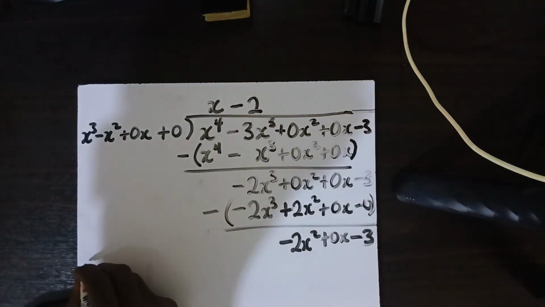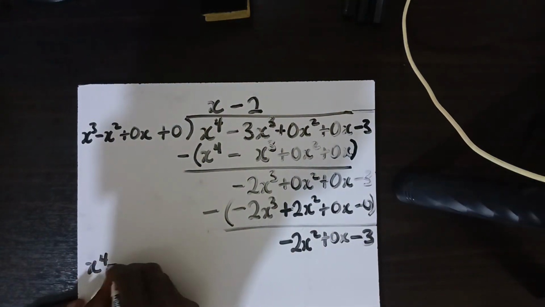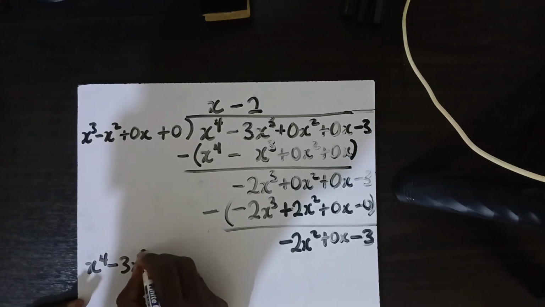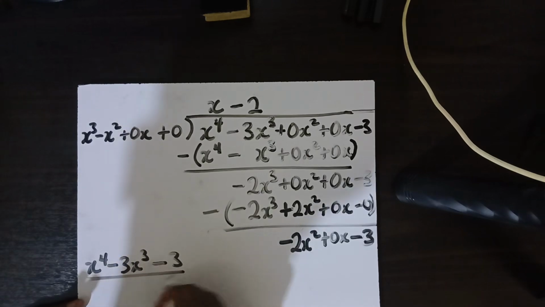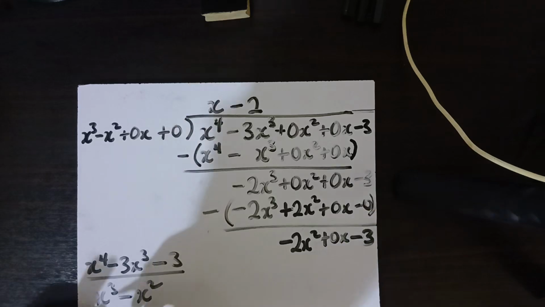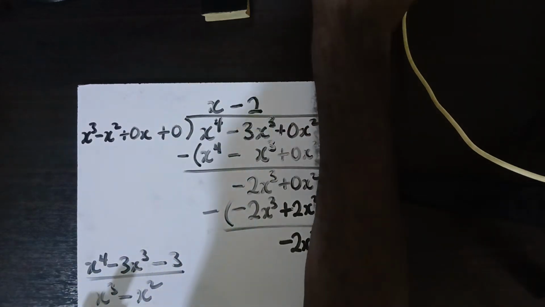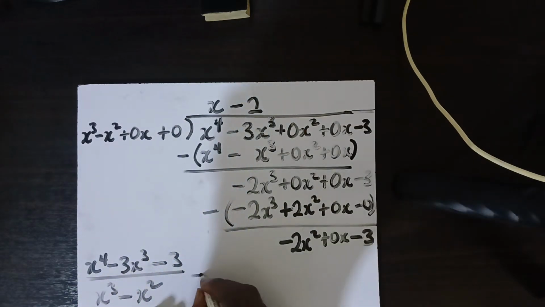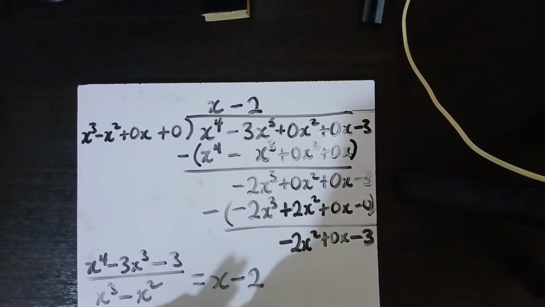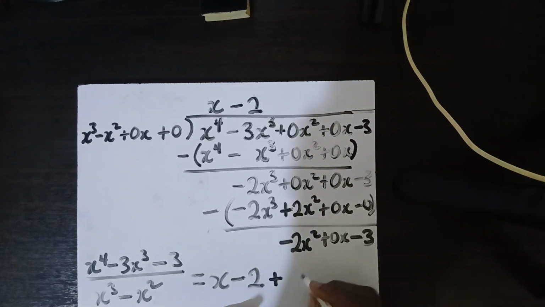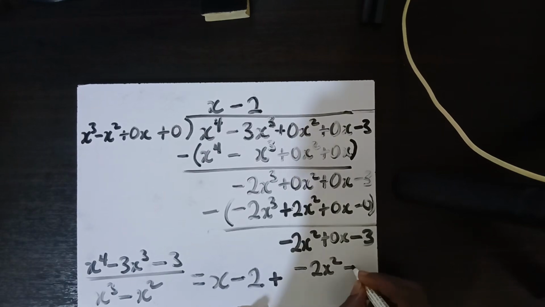If we divide x to the power 4 minus 3x cubed minus 3 by x cubed minus x squared, the answer that we are to get is x minus 2, that is our quotient, plus our remainder, which is negative 2x squared minus 3.